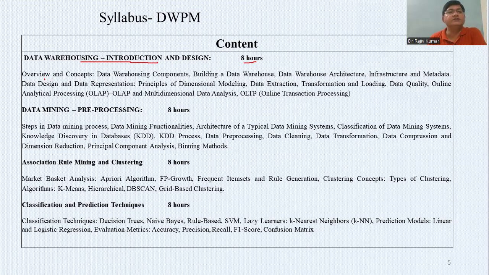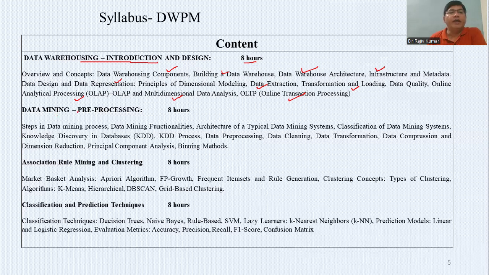In this, I will discuss overview and concepts, data warehousing components, building a data warehouse, architecture, infrastructure and metadata, data representations, principles of dimensional modeling, data extraction, transformation, loading, online analytical processing, OLAP, and multidimensional data analysis, and OLTP, online transaction processing.